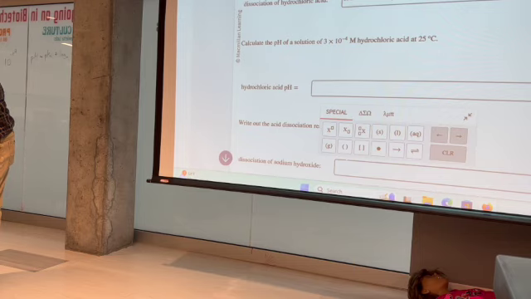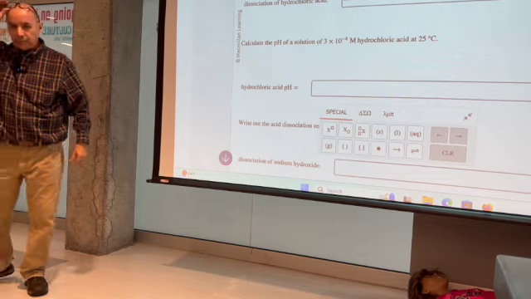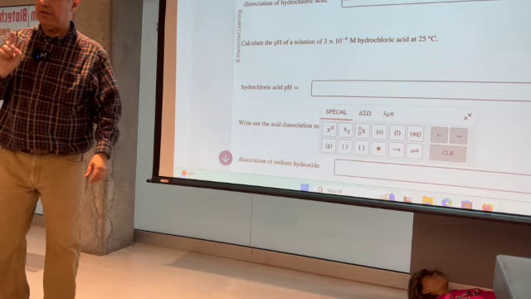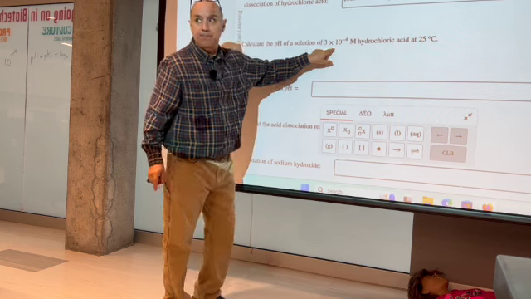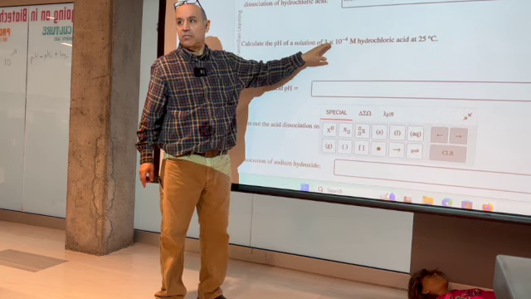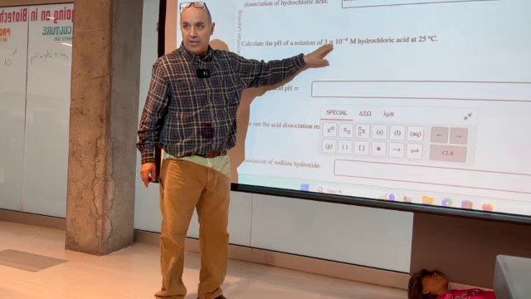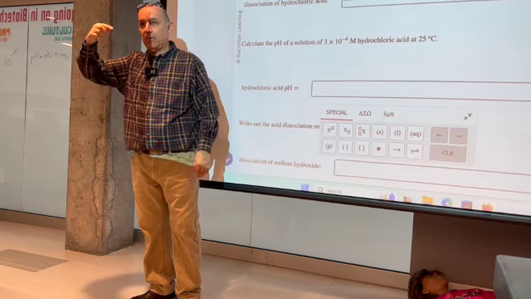Calculate pH of a solution, 3 times 10 to the negative 4. Oh, remember what we did a couple of weeks ago. With a strong acid, it's tricky. As long as this number is not smaller than 10 to the negative 7, you're fine using the equation that we have been using, pH equals negative log of the concentration.